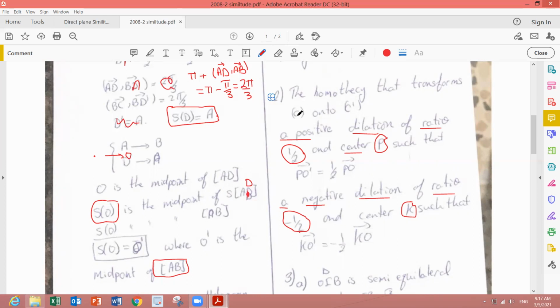The important thing is to know that the ratio is half. A dilation always states the center and the ratio. I took the center P for the positive and the center K for the negative. Professor, is this homothety a composite of S prime? No, not necessary. You can put S composite S prime. Two dilations, one must be positive and one negative, one of ratio half and one of ratio minus half. Okay.